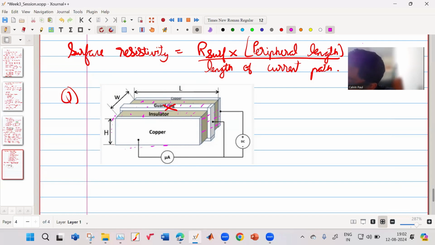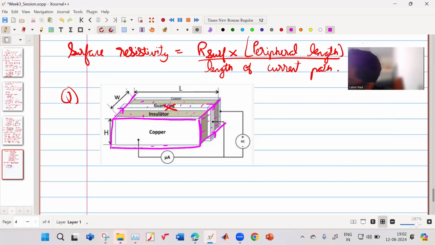So the current will flow in this part, this part, and then like this. And in this cross-sectional length, the current will flow for this H as well as this L.